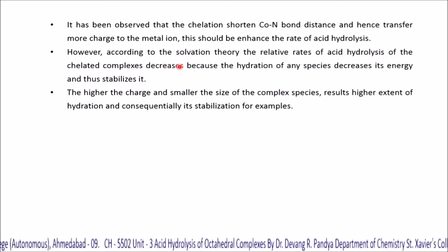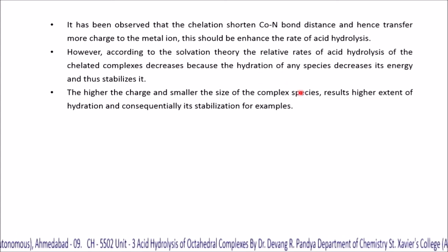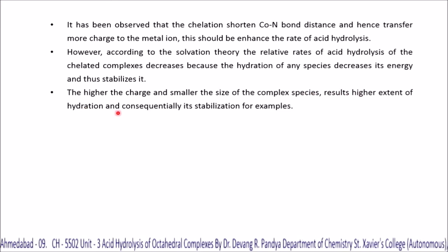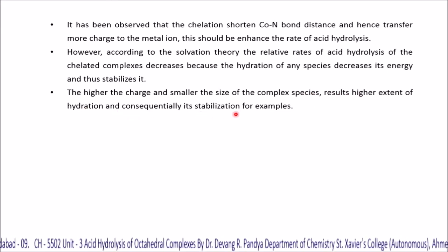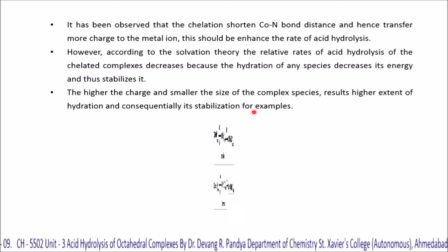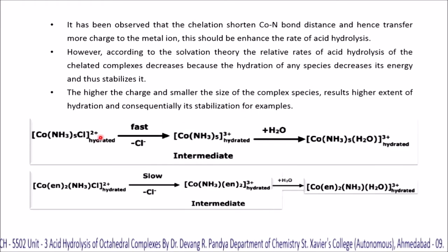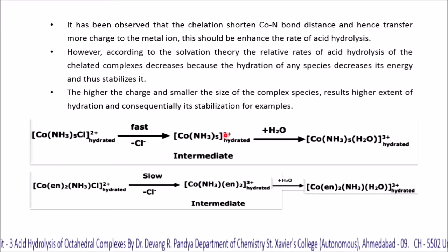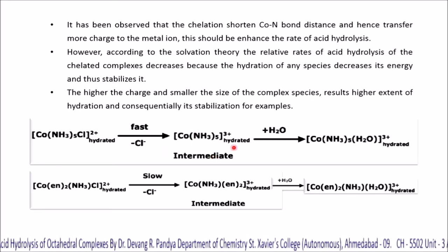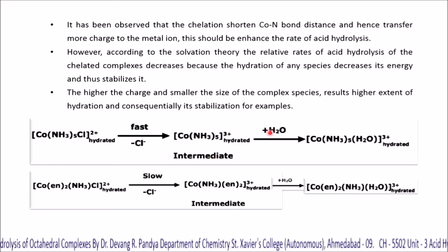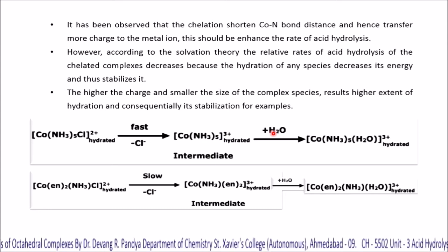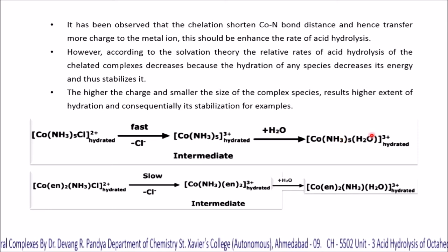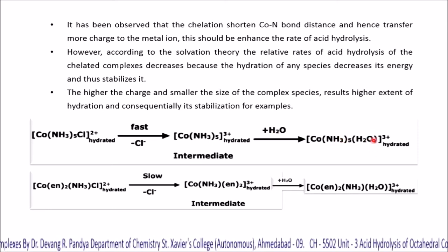The higher the charge and the smaller the size of the complex species, the higher the extent of hydration, and consequently its stabilization. For example, we can see 2 examples here. In the hydrated complex, a fast ligand substitution reaction will give a penta-coordinated intermediate, that is also hydrated, and when it is brought to acid or lower pH with water molecules, it will give the aqua complex.